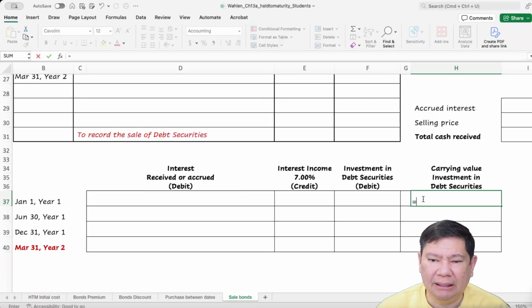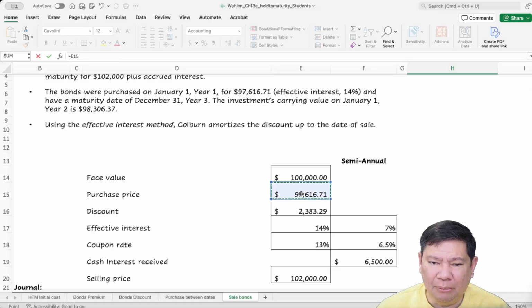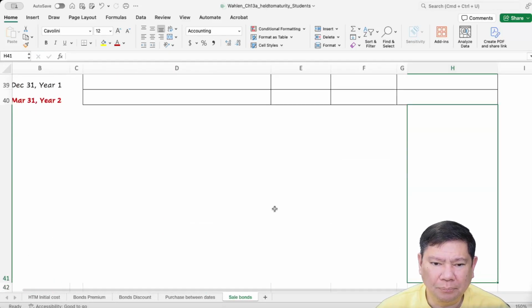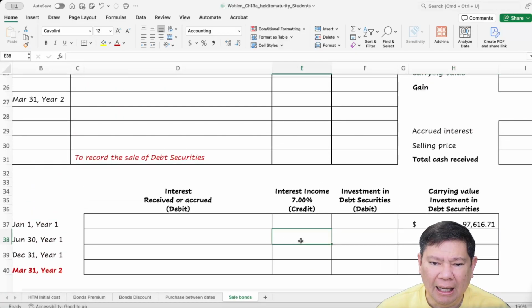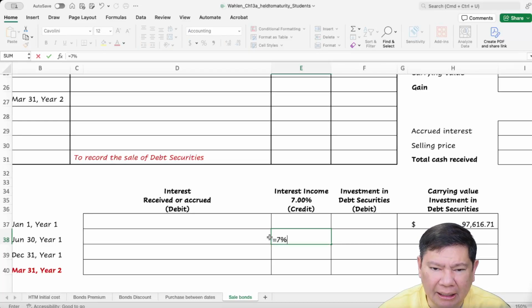So the first time we bought it, it was 97,616.71. Okay, and then the interest income is 7% times the carrying value.